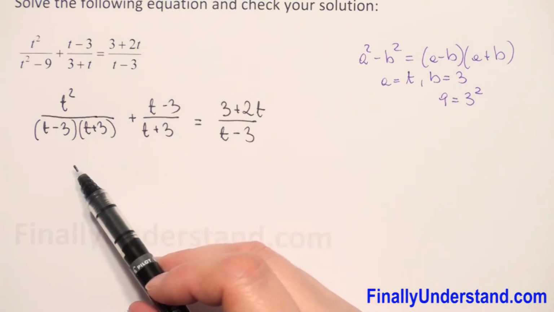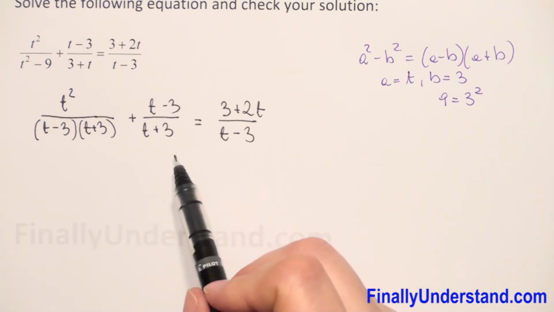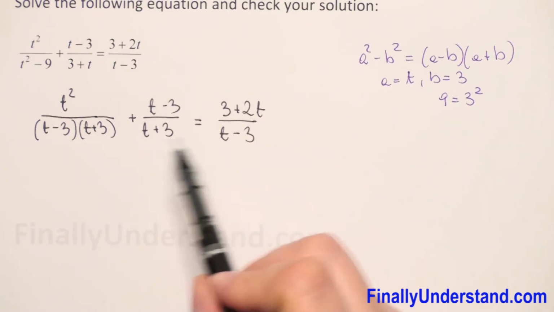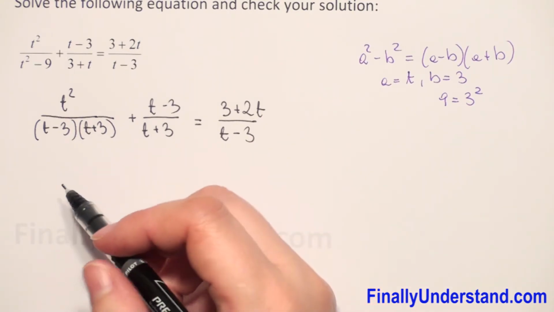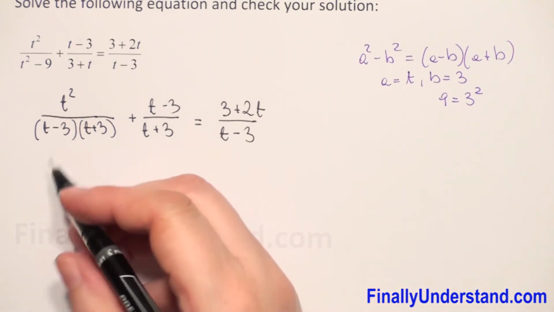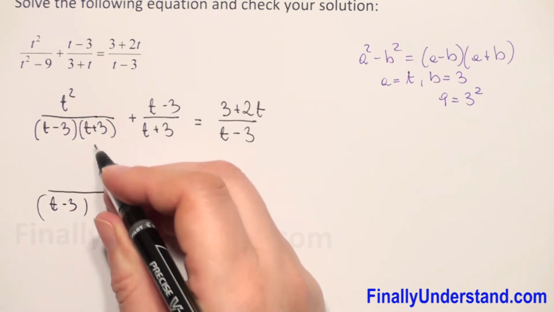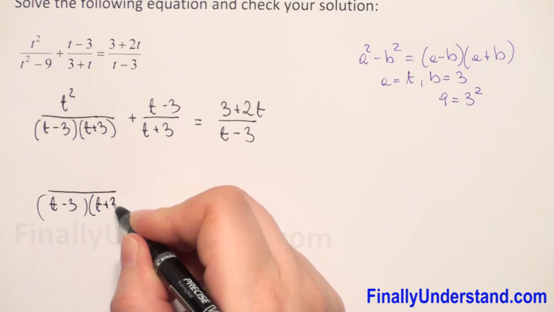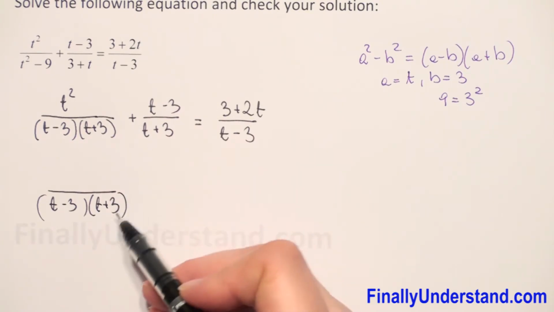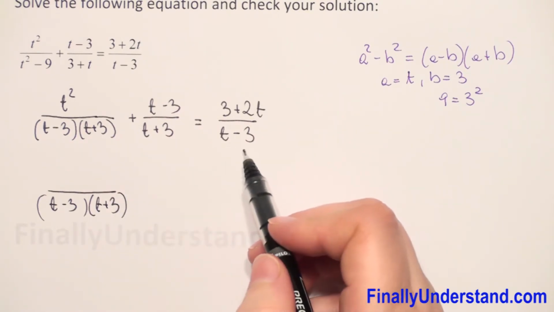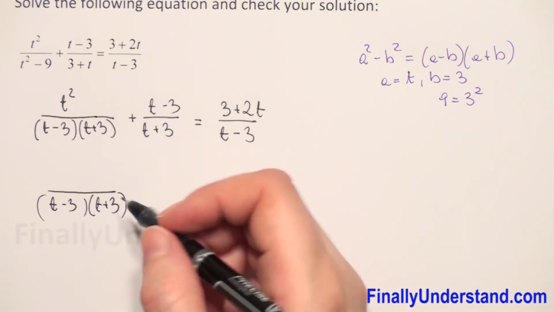We have to have in the denominator every expression which we have in these three denominators. We have t minus 3, so we write t minus 3. We have t plus 3, so we write that. Next, t plus 3 and t minus 3 we have already.